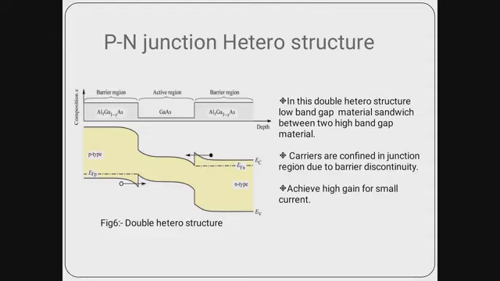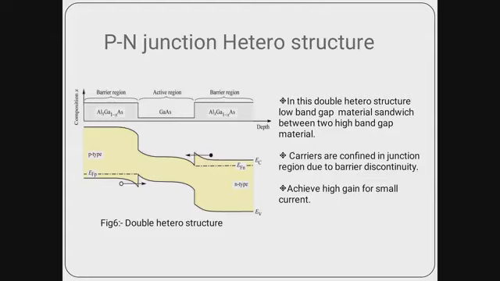Now if we take a double heterostructure, which I have chosen over here, what basically happens inside this structure? Here I have chosen aluminum gallium arsenide, which is a higher band gap material as compared to gallium arsenide. Gallium arsenide is a low band gap material, and its electron affinity is much higher as compared to aluminum gallium arsenide.